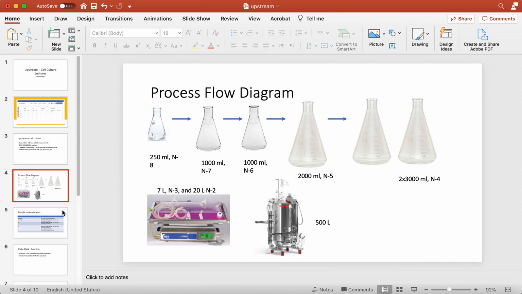They increase from 7 liters to 20 liters.